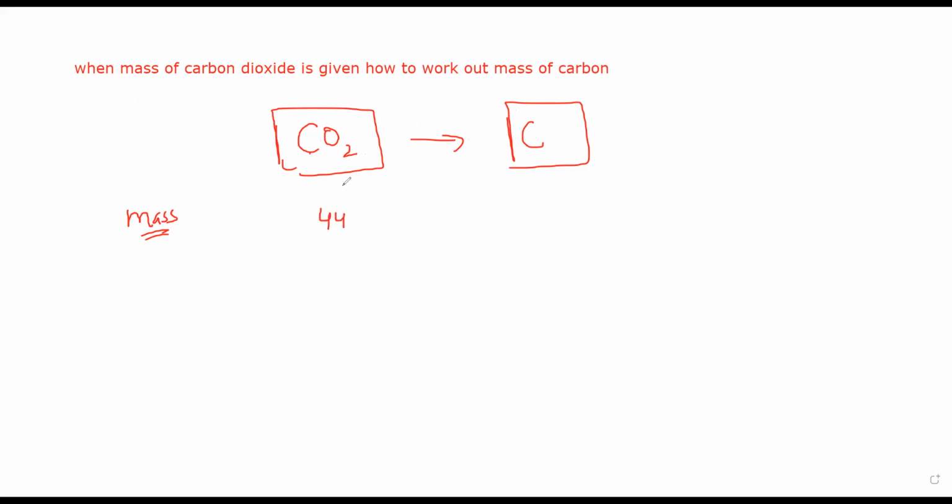If we have 44 grams of carbon dioxide, how much carbon will be there? The number of atoms is 1, but the mass is 12. So this is the mass ratio: 44 grams of carbon dioxide gives 12 grams of carbon. But in the question we have 176, as you can see.